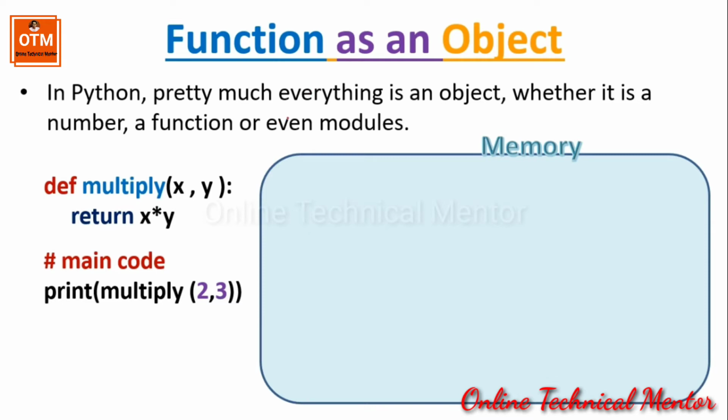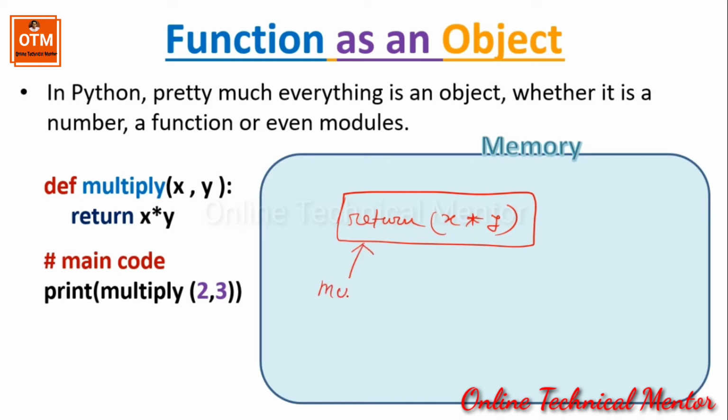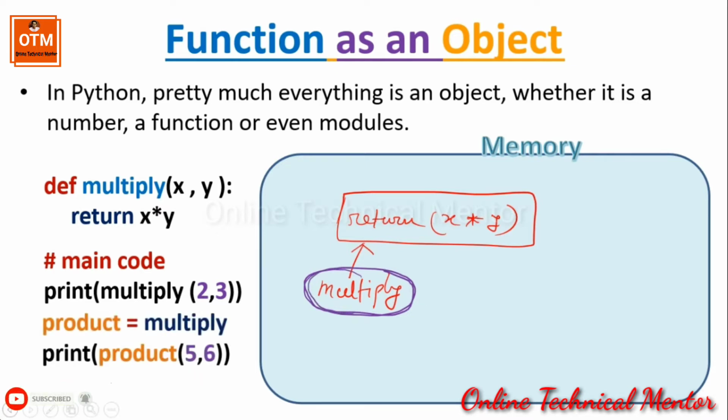Now look what happened within the memory. Similar to integer, list, string, etc., this return x multiply y will occupy a space within memory, and this memory will be referred by multiply, that is the name of the function. Since this multiply is referring to a memory space, that is why this is also called an object. Now in the program, suppose I have written like this: product equal to multiply.